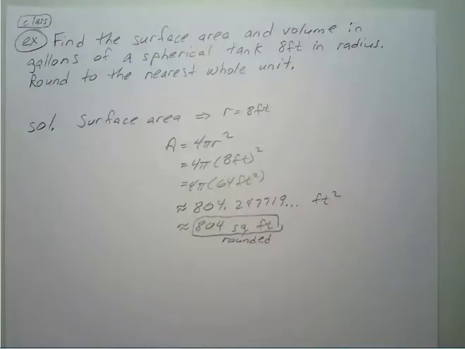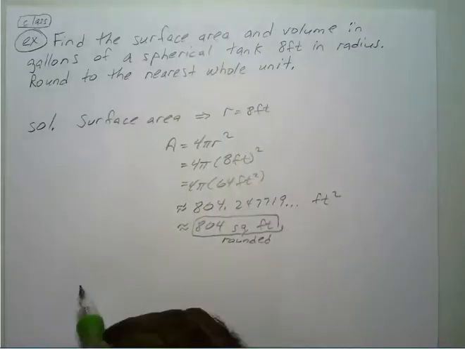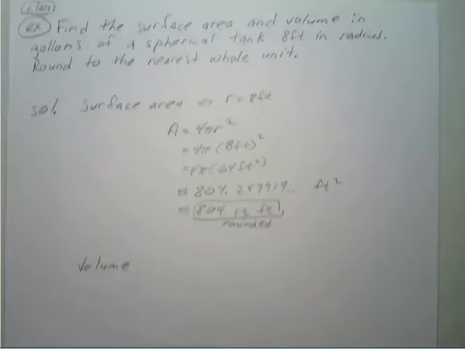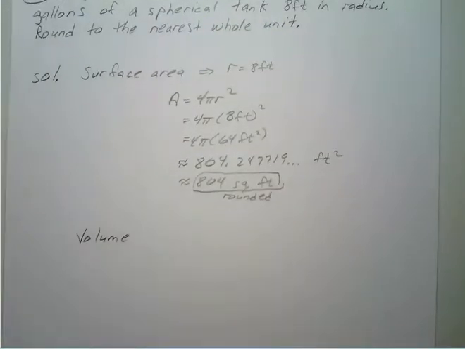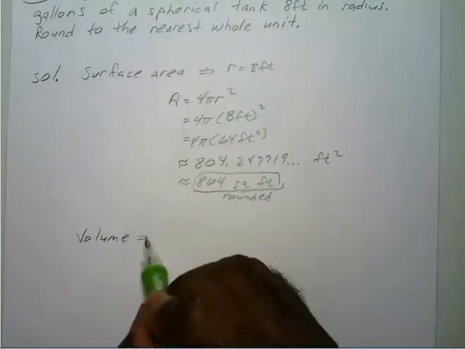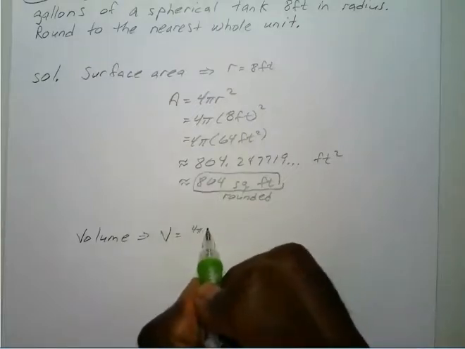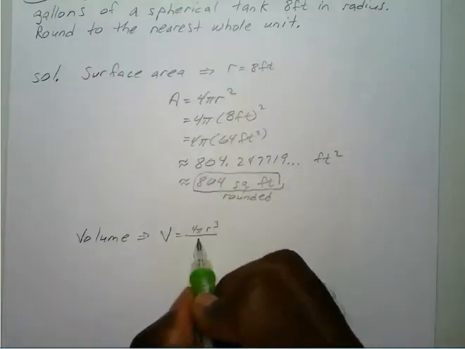All right, so now let's look for the volume. Okay, now we know the radius, so we're going to use the volume is equal to 4 pi times the radius to the third over 3.